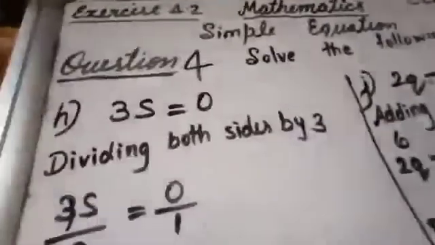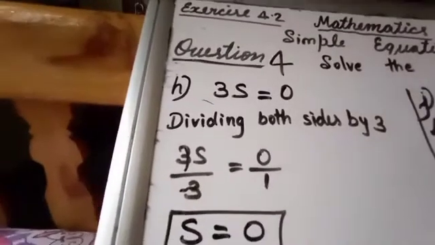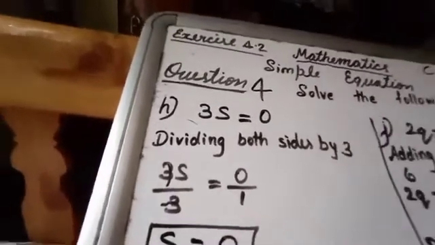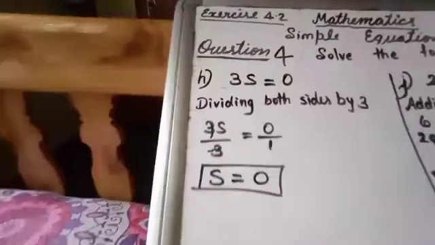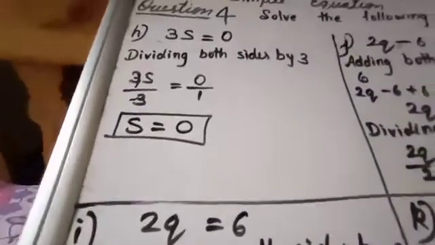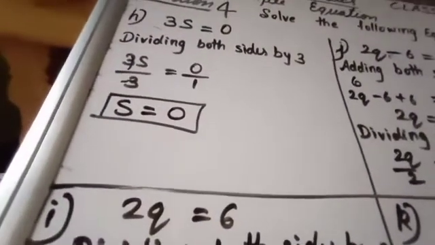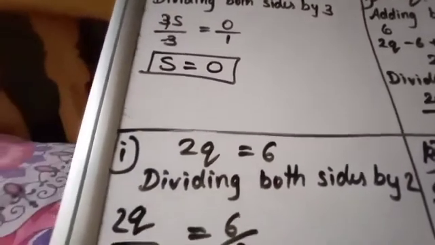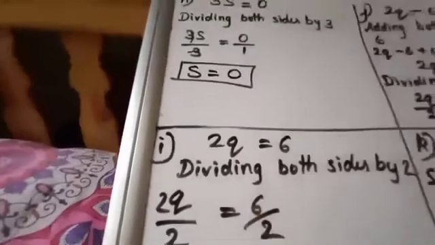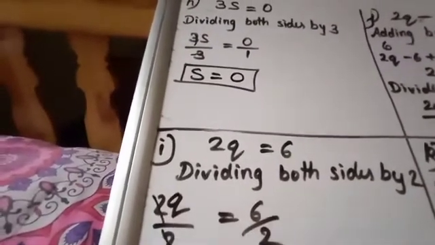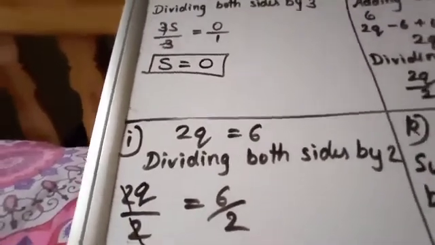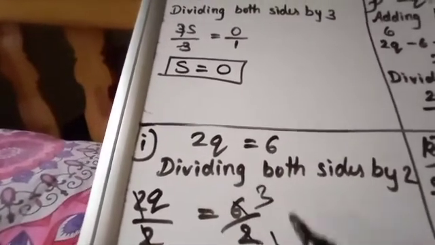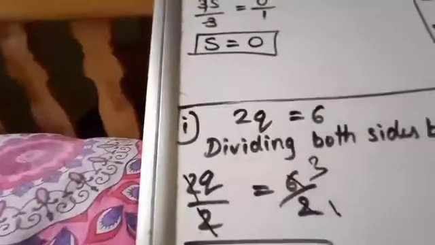So 0 divided by 3, s is equal to 0. Now let us go to the I question. 2q is equal to 6. How to separate the variable? By dividing both sides by 2. 2q divided by 2, the 2 cancels. Then 2 1s are 2, 2 3s are 6. So q is equal to 3.